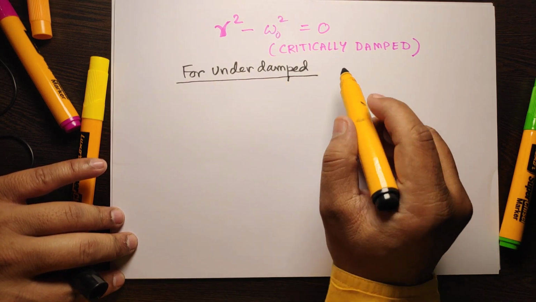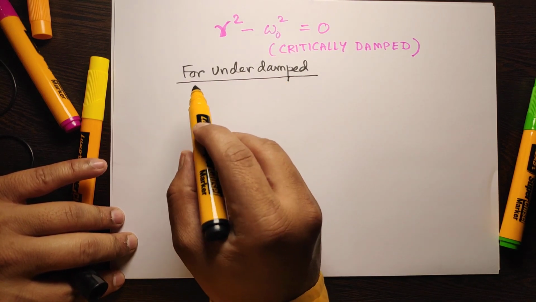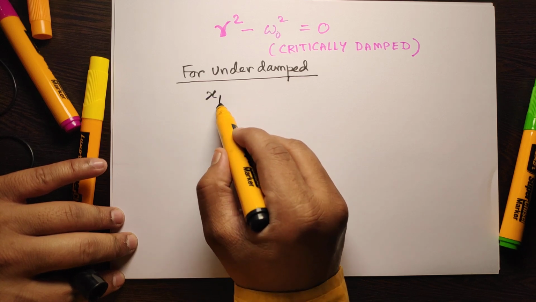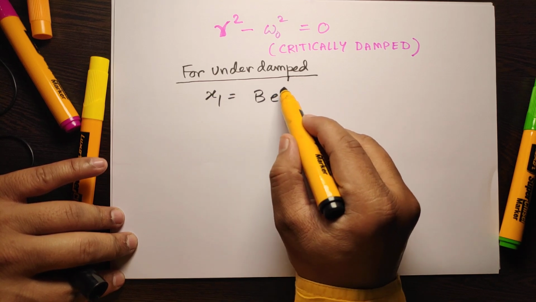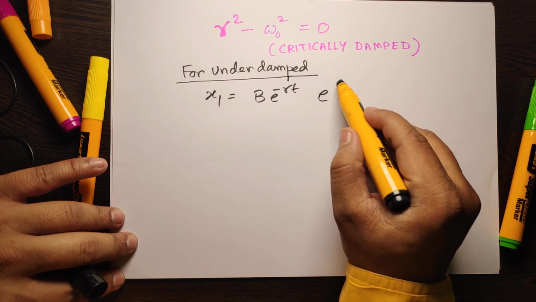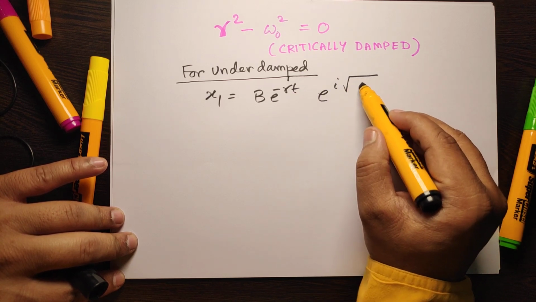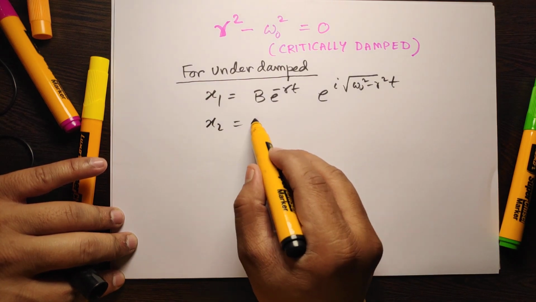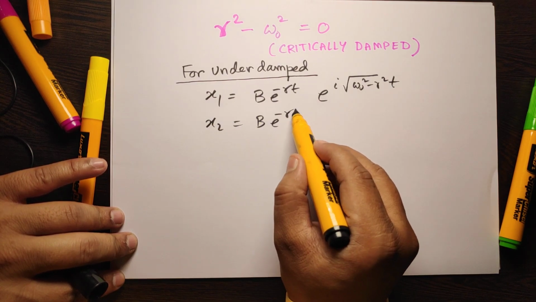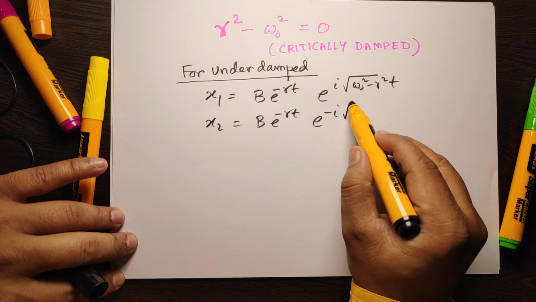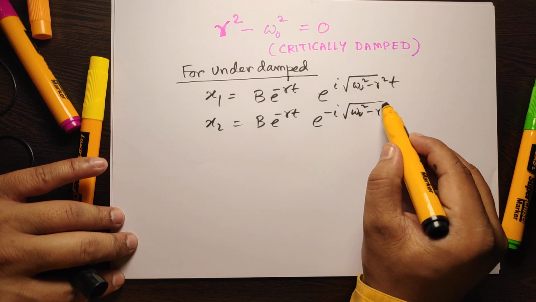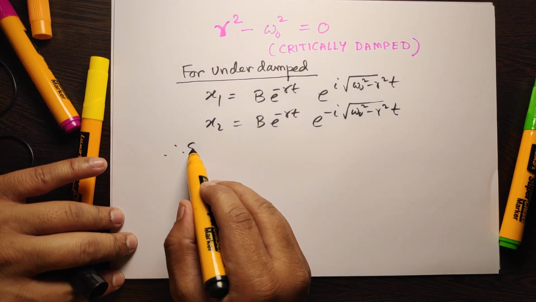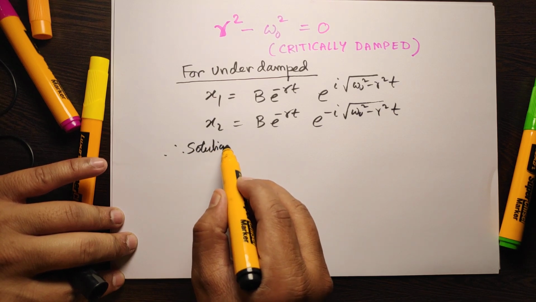For oscillation, the roots are x1 equal to b e to the power minus gamma t e to the power i root of omega naught square minus gamma square t, and x2 equal to b e to the power minus gamma t e to the power minus i root of omega naught square minus gamma square t.